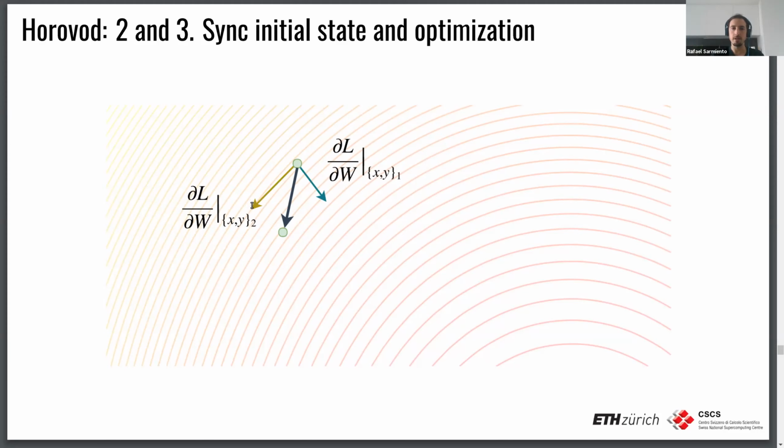Horovod gives another solution that's called Adasum, but it's not implemented in TensorFlow 2 yet, so we are not going to see it here. But you can find information in the Horovod documentation. Instead of doing an average, it will do some sort of weighted average that depends on the spread of the vectors.